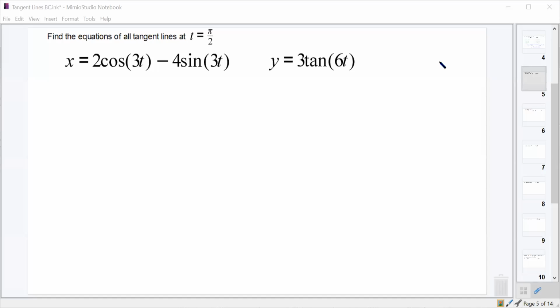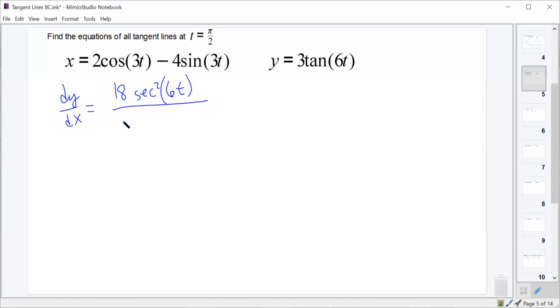So first off, what's our dy dx value? Ought to be 18 secant squared 6t over negative 6 sine 3t minus 12 cosine 3t.